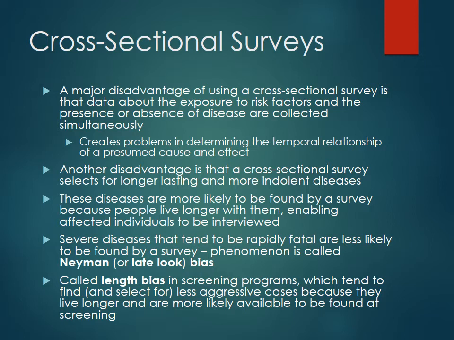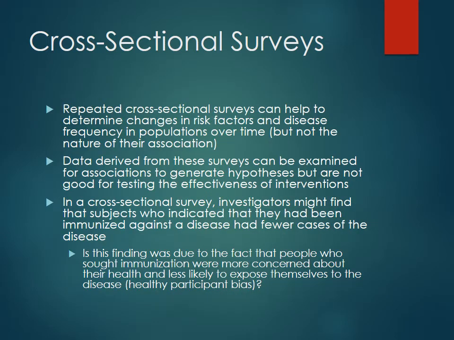That's one of the big limitations of these cross-sectional studies: you're more likely to find those long-lasting cases than those really quick ones. Another thing you could call this is length bias in screening programs, which tend to select for these less aggressive cases because they live longer and are more likely to be available to be found at the screening.